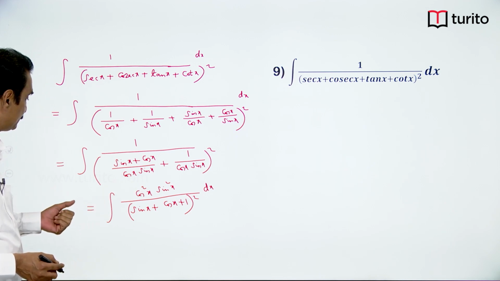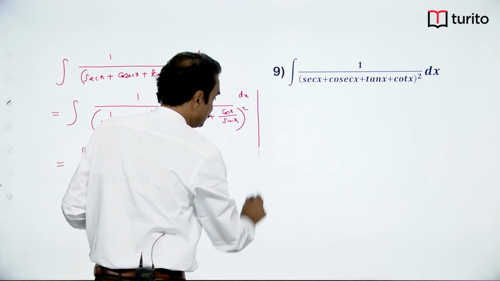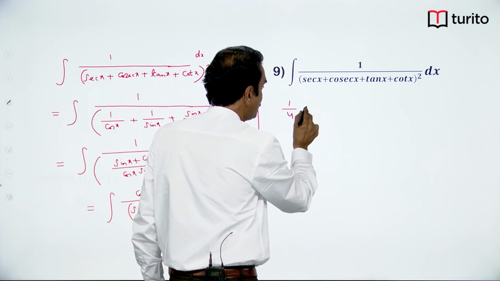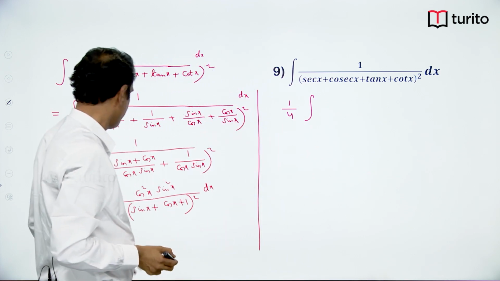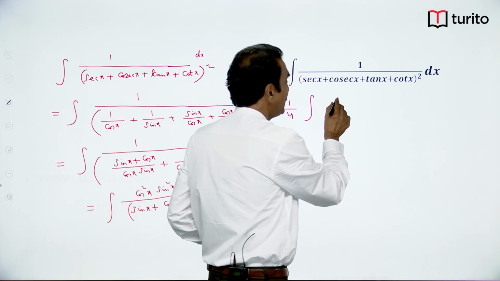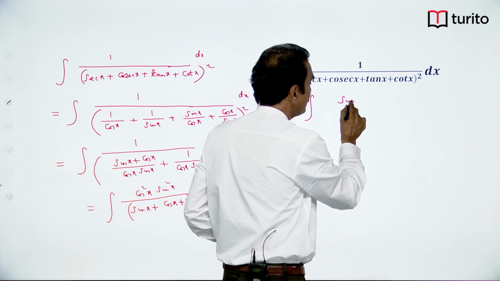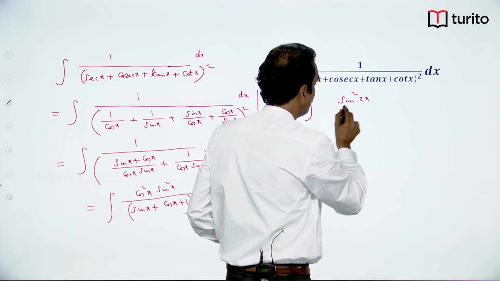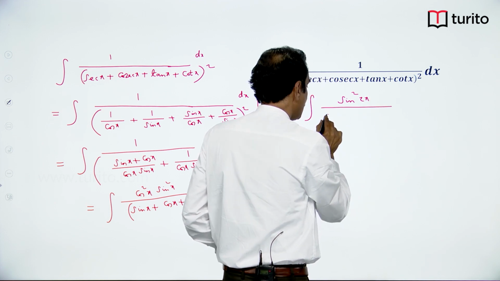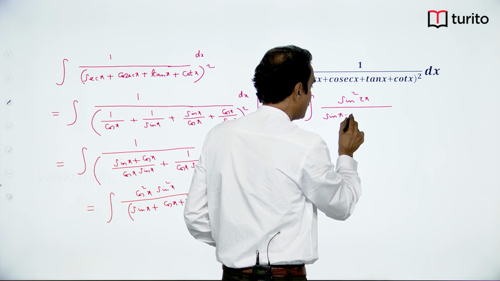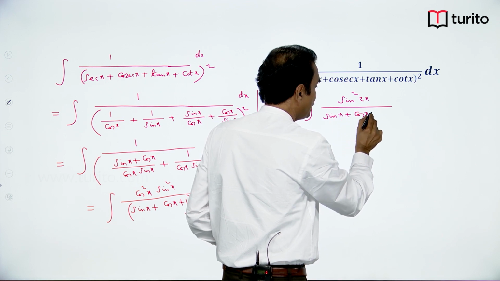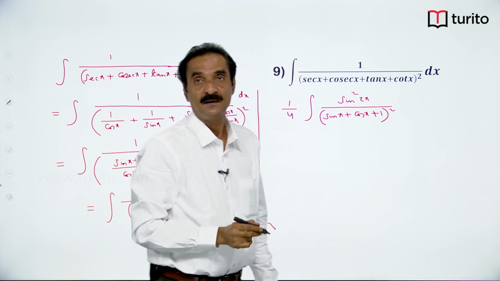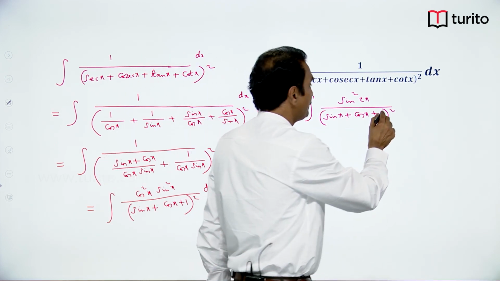Okay. 1 by 4 into integral sin square 2x by sin x plus cos x plus 1 whole square, okay, dx.